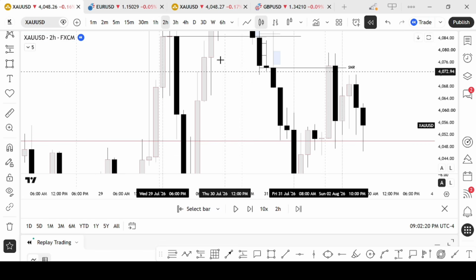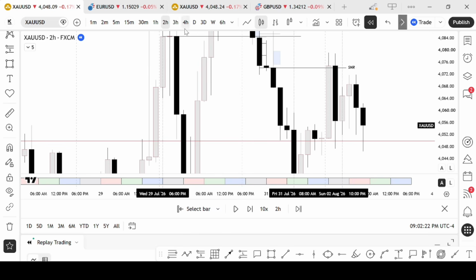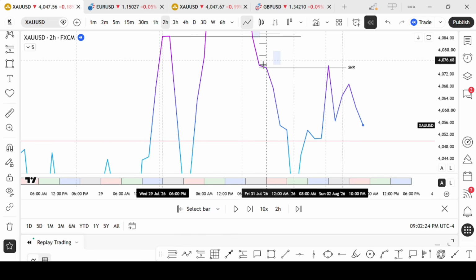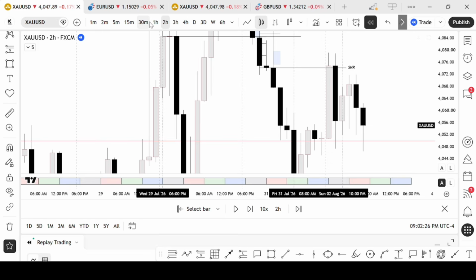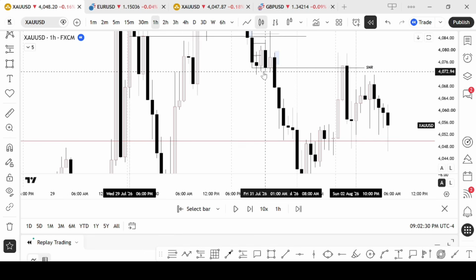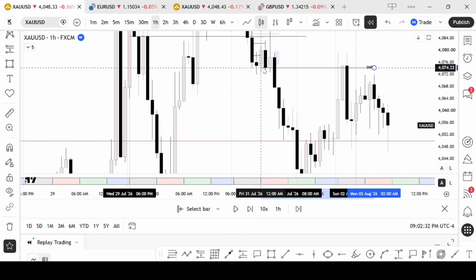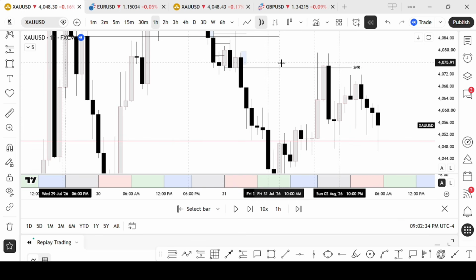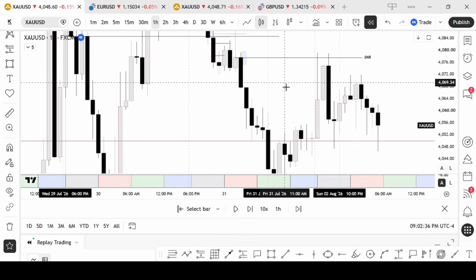So if you are using 4 hours, you can use 2 hours, and of course you can see that that's also a valid level, you see. So it turned to what, A shape or V shape level. That's what I mean. All right, so this was it.